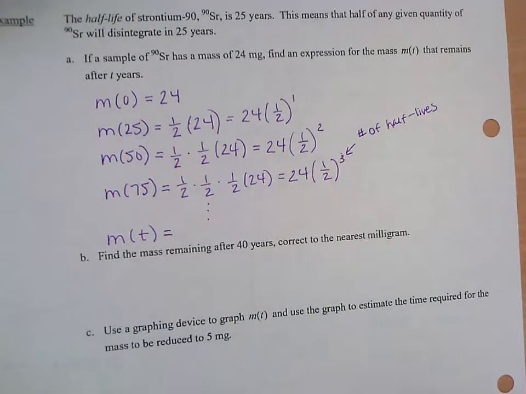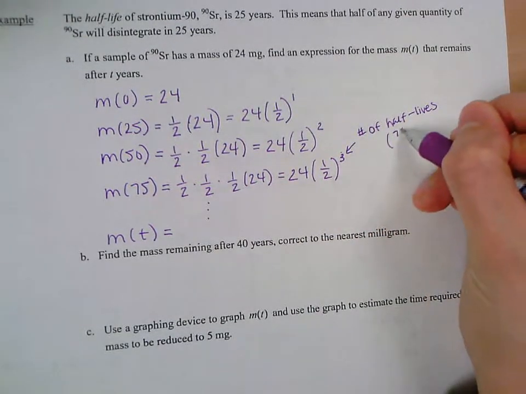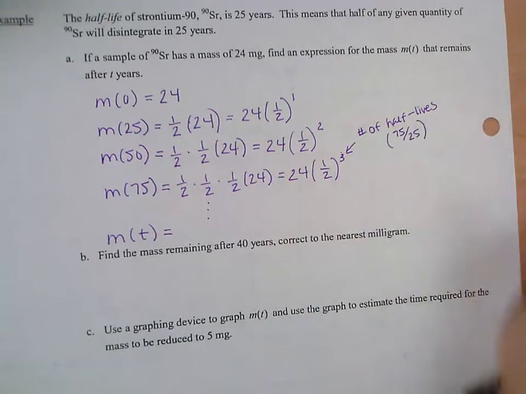And how would you calculate the number of half-lives? The years divided by 25. So this 3 specifically is 3 because 75 divided by the half-life of 25 years, that's 3.